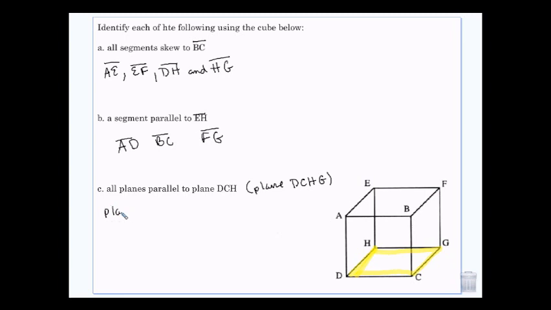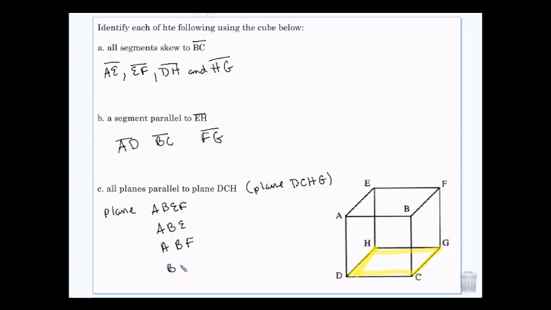So the plane that is parallel to the bottom of the box is the top of the box. So you could call it by all 4 letters, or you could call it by any 3 letters. Oops, I already did ABE. It might be FE.